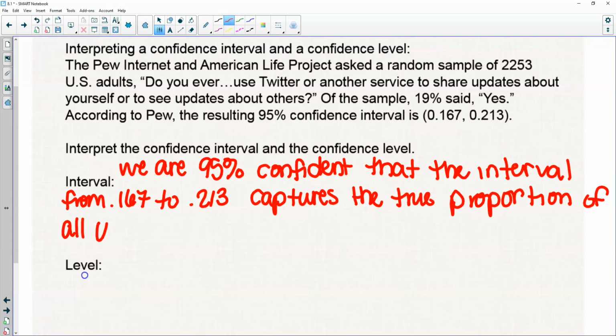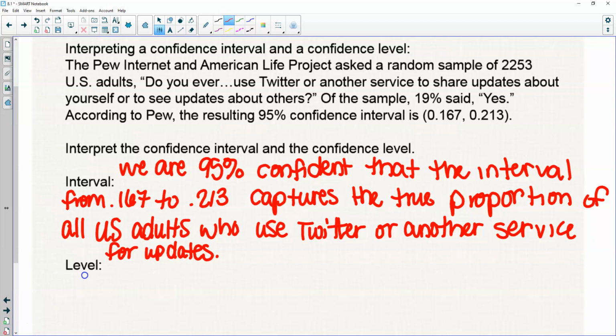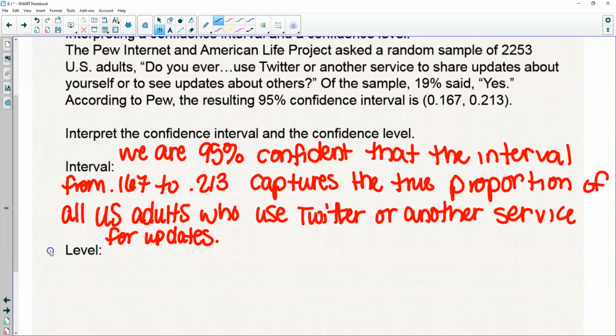I guess it's U.S. adults who use Twitter or another service for updates. So yes, these do become lengthy, but we do have to make sure that we use context to make sure we use the correct form.